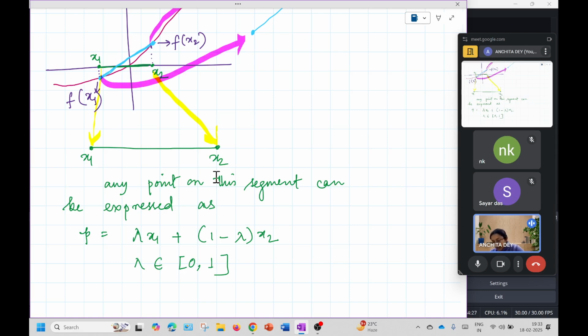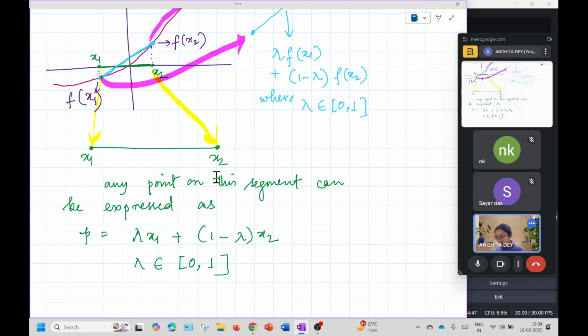Whatever section you have here, any point here can be written as lambda times f of x1 plus 1 minus lambda times f of x2, where lambda belongs to 0 to 1.